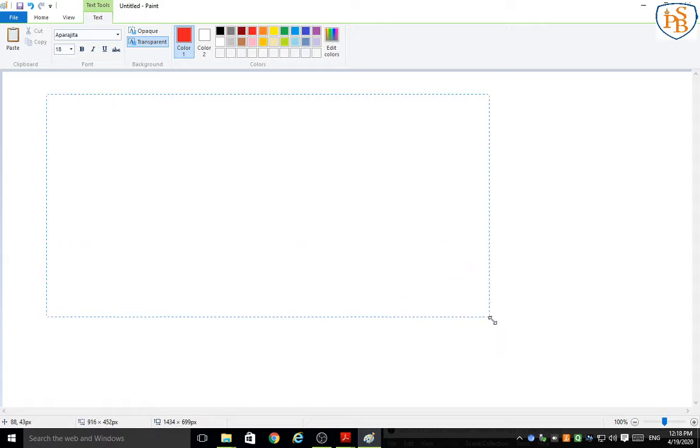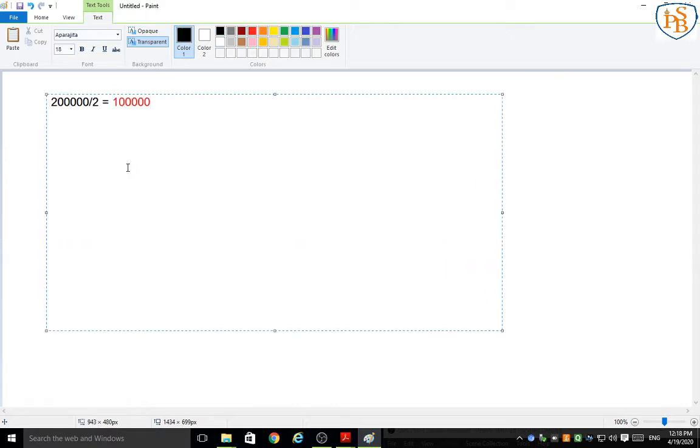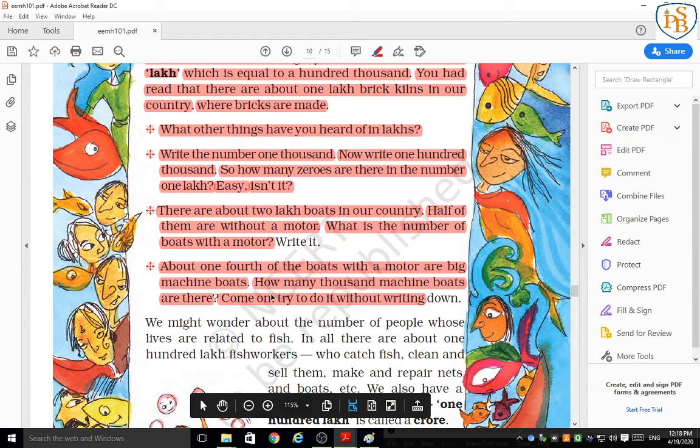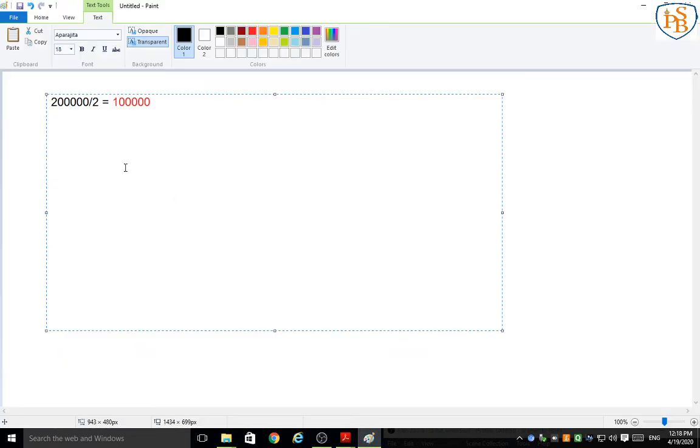Okay, clear? Then for the next question, about 1/4 of the boats with a motor are big machine boats. So what is a 1/4? 1/4 of 1 lakh. Now 1 lakh we have, so here we have to find the 1/4 part of 1 lakh.